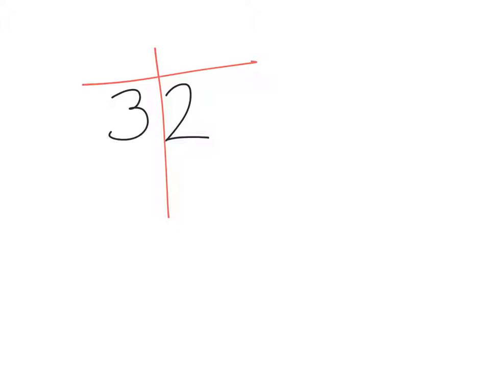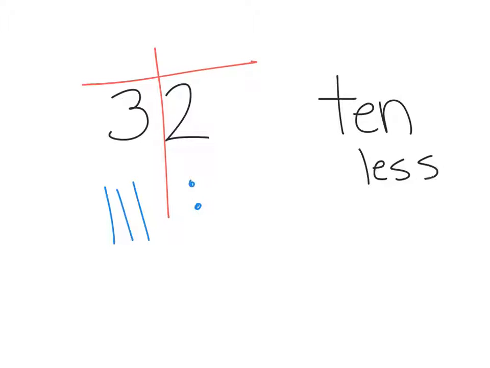If we look at the same number, 32, we can still look at it in a T-chart. We can still look at how it looks in a model. But let's say I told you that this time I wanted you to tell me what 10 less would be.